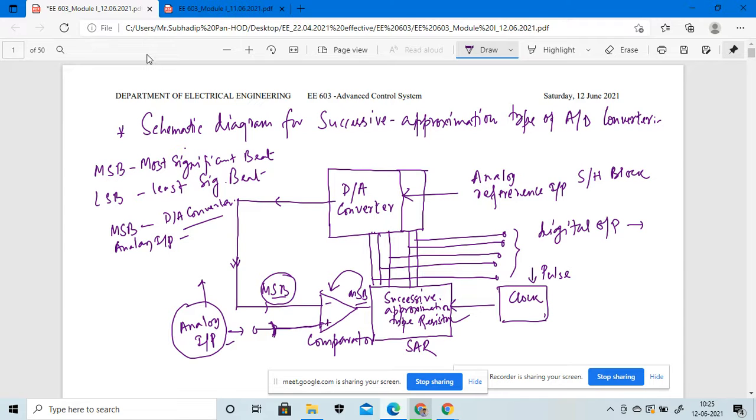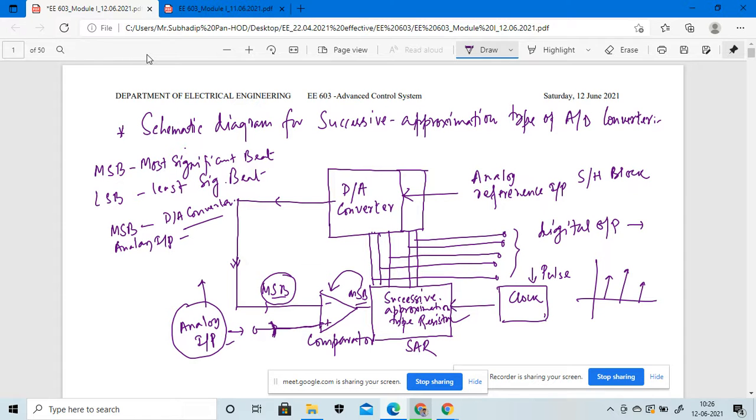Offset condition means we will consider only the greater analog input as the input of the successive approximation register, depending upon whatever clock pulse we input to the successive approximation register, right?